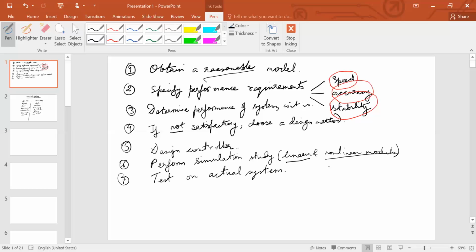If after having done these steps you find that the performance is still satisfactory with respect to the performance parameters or benchmarks that you've set, then you go ahead and test this on the actual system over a range of inputs or parameters.